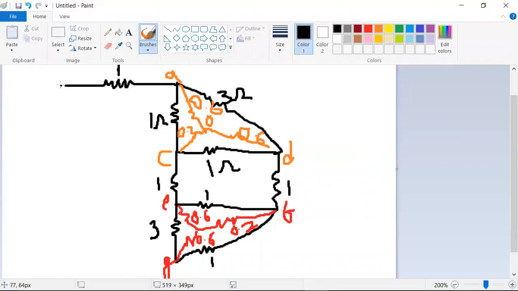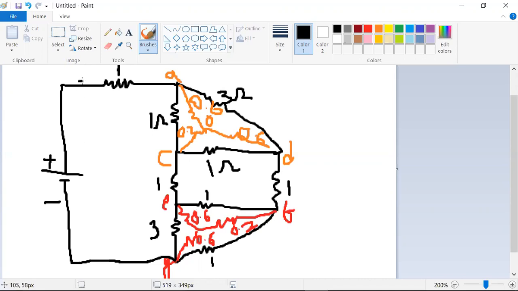Next, across that there is a battery. This is plus and minus. The current flowing through this is 2 amps.